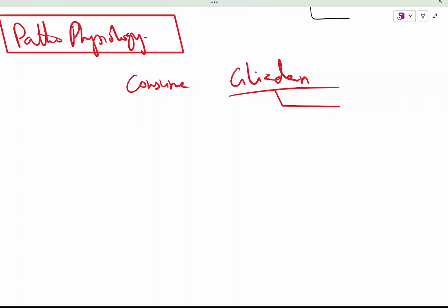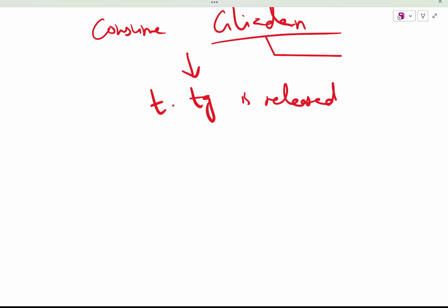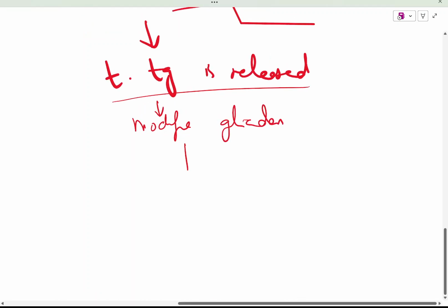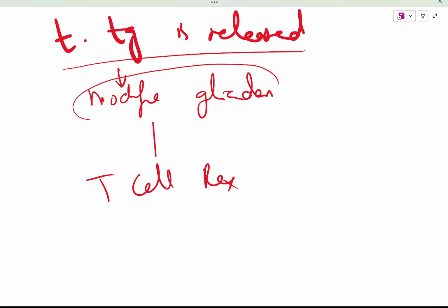So when you consume gliadin products, there is an immunological response. There is production of tissue transglutaminase. This tissue transglutaminase is released and modifies gliadin, and there is a T cell reaction. This T cell reaction is activated by the modified gliadin.